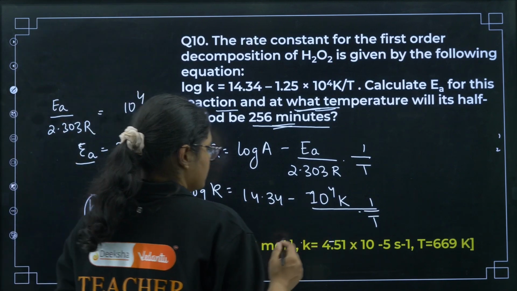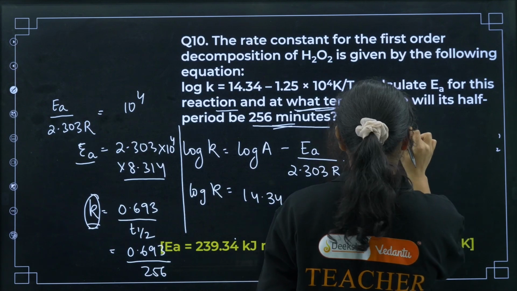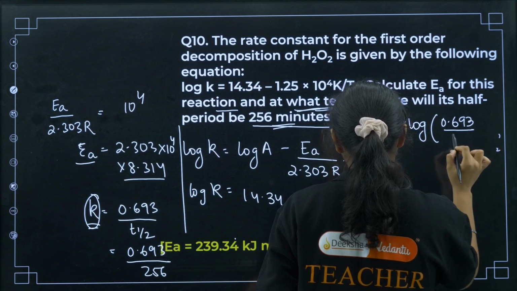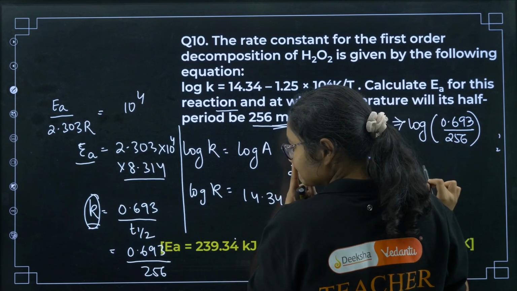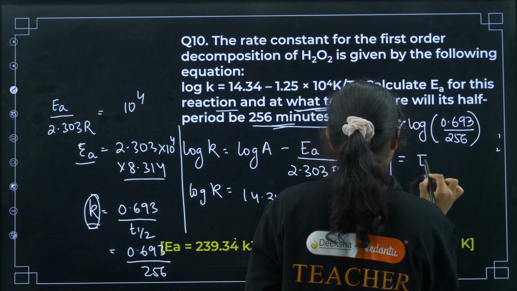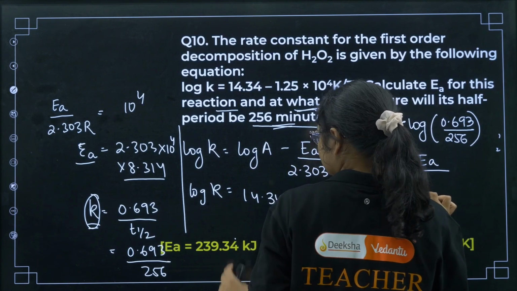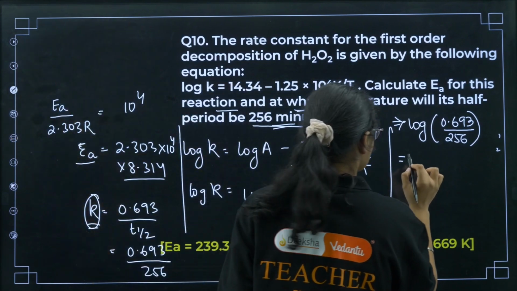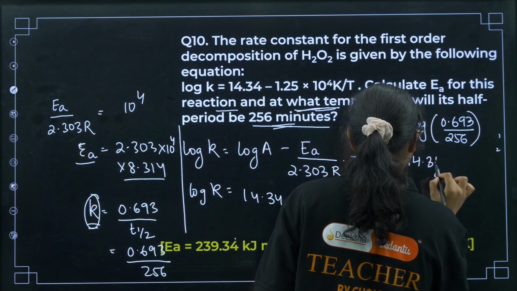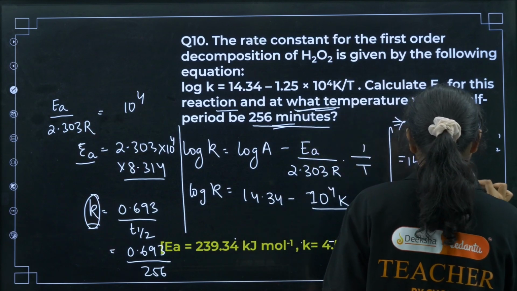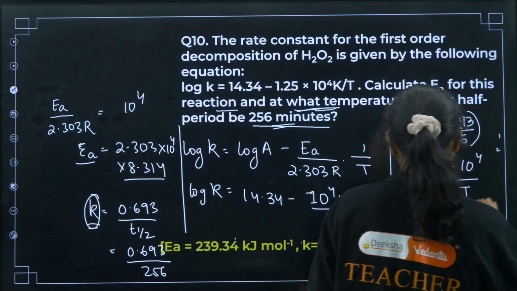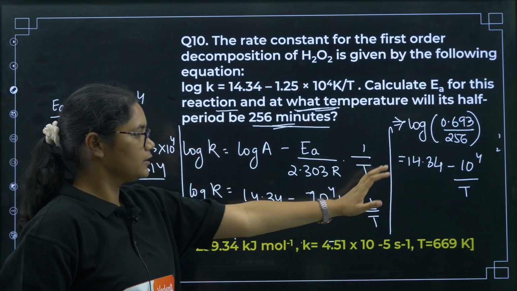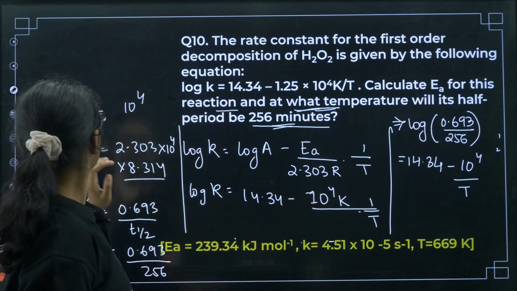So log of 0.693 by 256 is equal to 14.34 minus 10 to the power of 4 by T. That is what you have to solve to find the value of T here, clear?